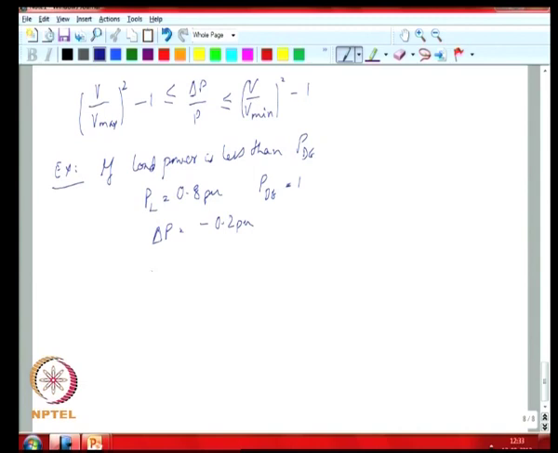So, you can write an expression for V by V max plus delta P by P. So, this is equal to, so essentially if you look at what V max is, you can see that in this situation where the load power was 80% of what was being injected by a DG unit, then if you open an upstream breaker you could expect about 12% over voltage.